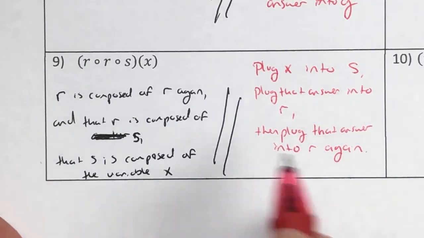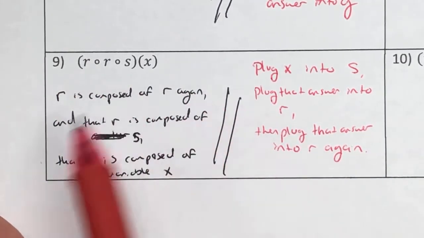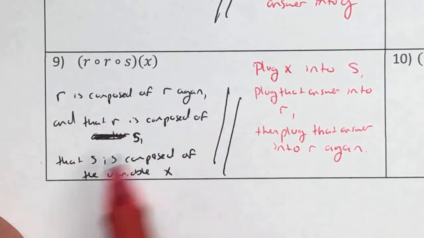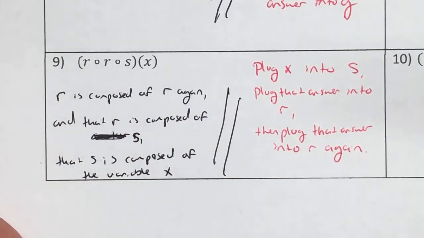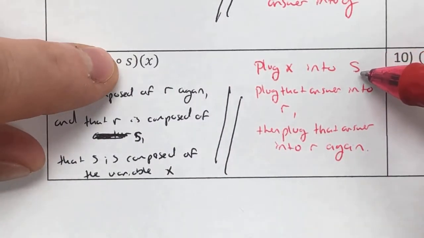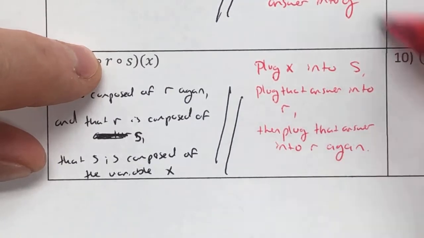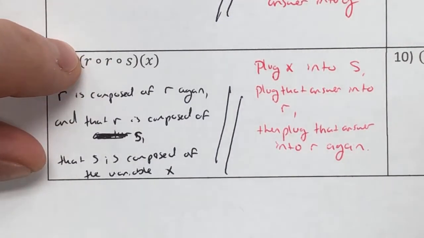Again, 2 different ways that we could read this. If you want to read it in prefix notation, R, which is composed of R again, that R is composed of S, that S is composed of the variable x, or we could read it the way that we're probably going to evaluate it. Plug x into S, plug that answer into R, plug that answer again into R again.